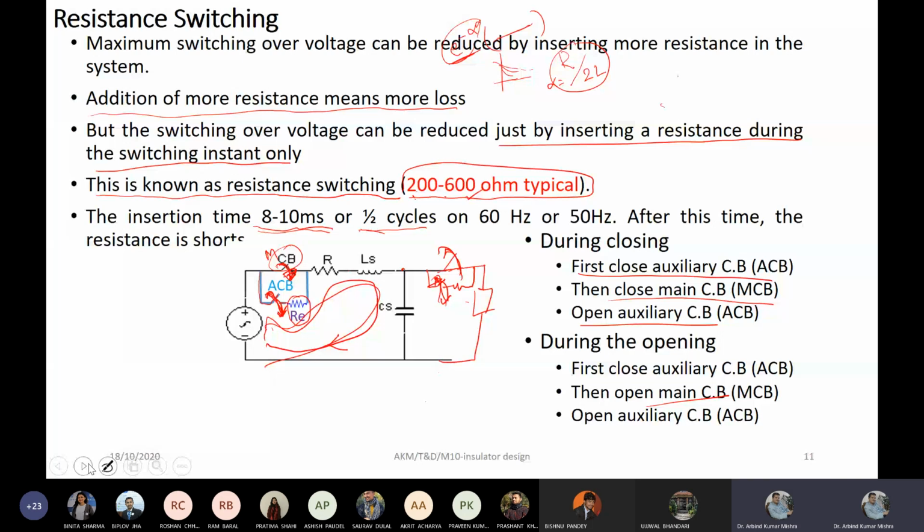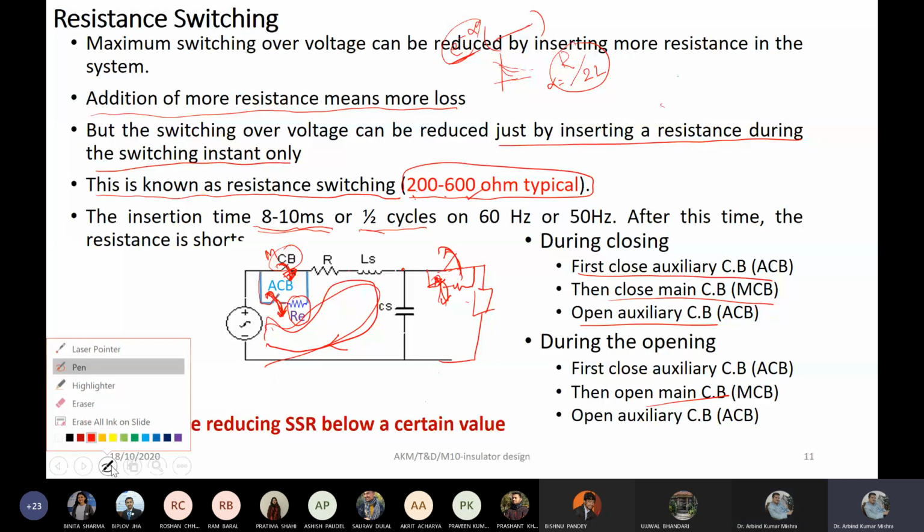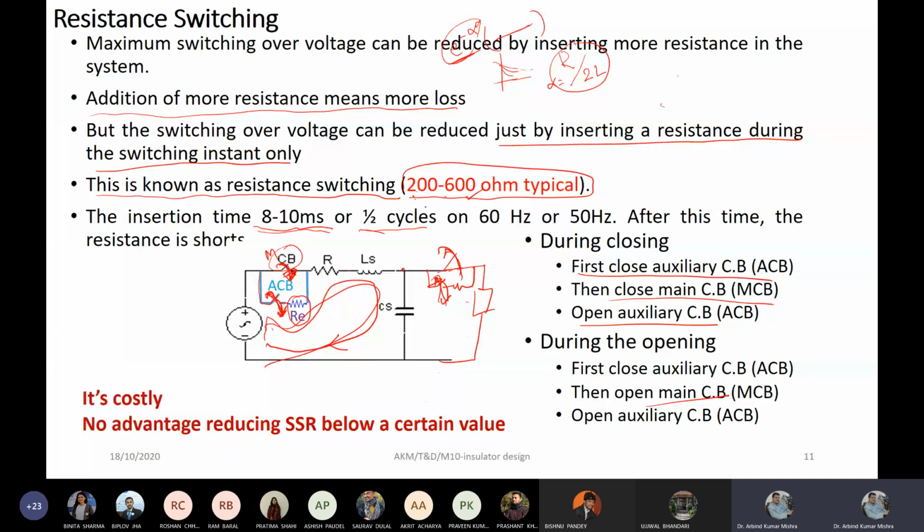But this seems very simple. Why do we not always do it? It's not so simple, because with this 200 ohm or 600 ohm, that much current needs to be broken during on or off, particularly for the off condition, because on you can make even for the no load condition.